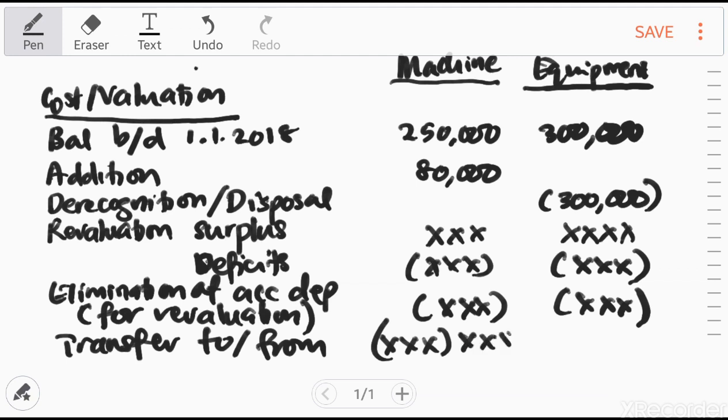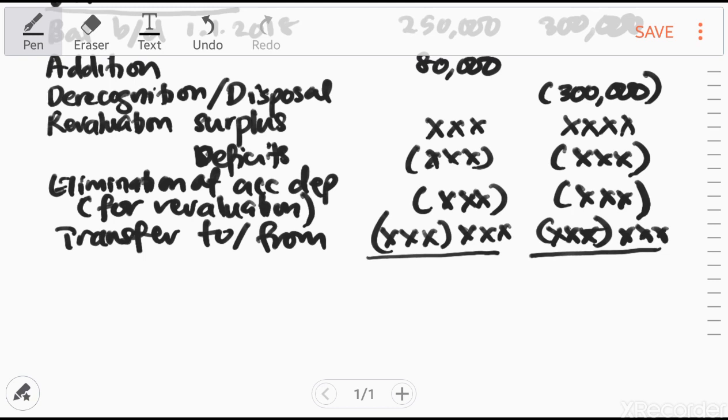If it's transferred from, let's say IP being converted into office building, so it's no longer IP, it is a PPE, so that one should also be taken into consideration. So this one is the possible thing that you may come across. And these are going to be the balance for our question.